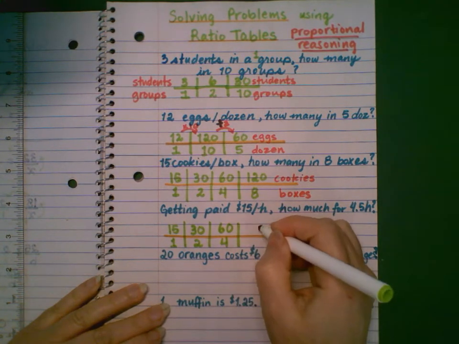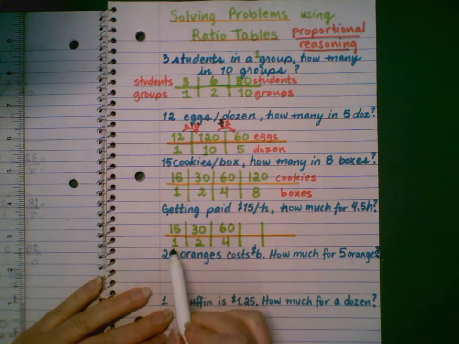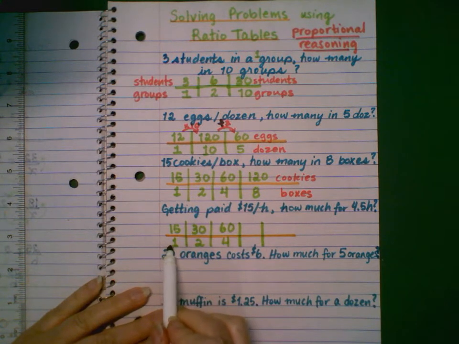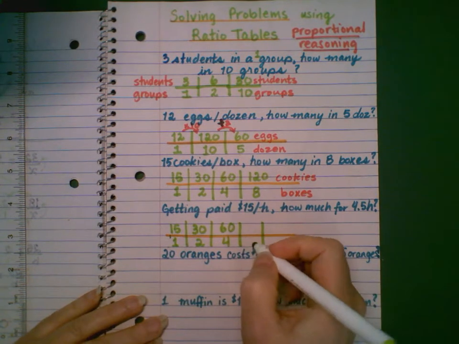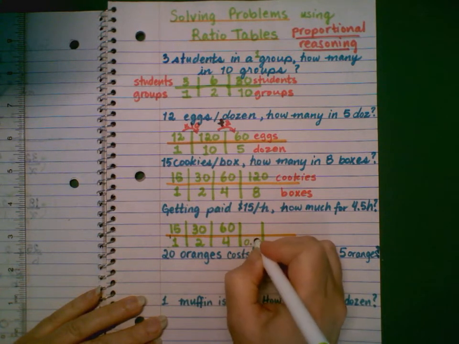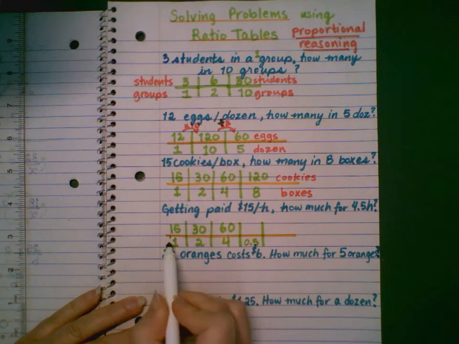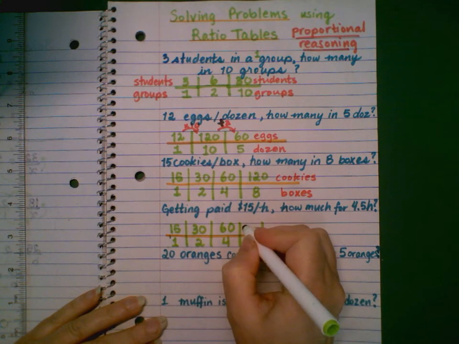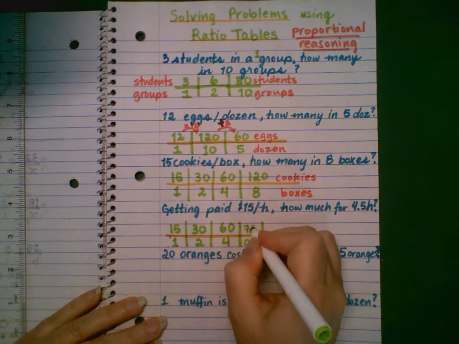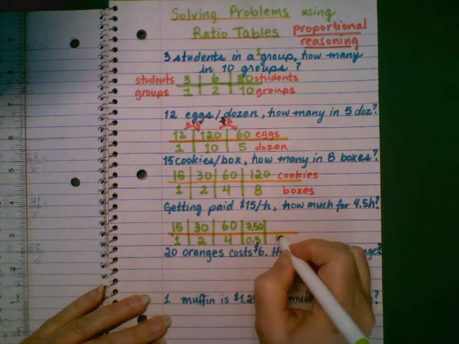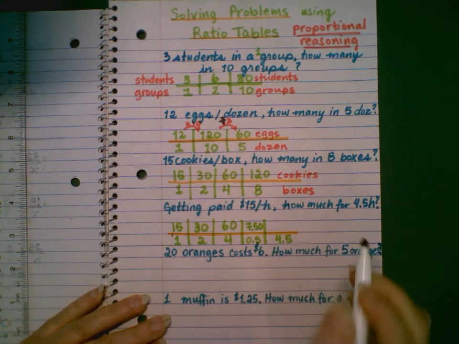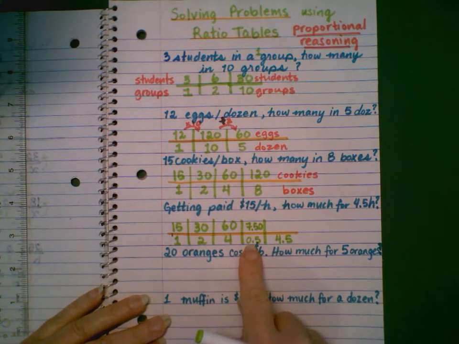I'm also going to add an additional half an hour of work. So I'm going to go back to my original unit ratio. So I've got 15 to 1. So in a half an hour or 0.5 hour, I would be making half of $15. That's $7.50. So then for 4.5 hours of work, my combined pay is the $60 plus the $7.50.